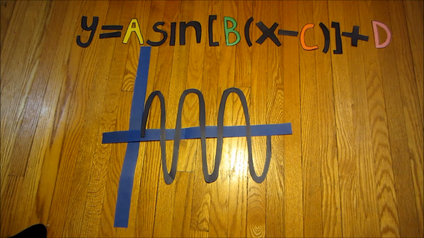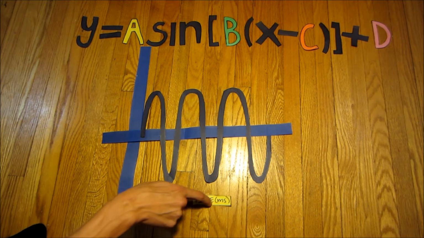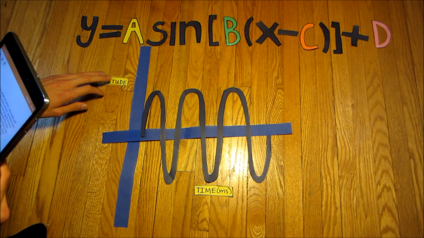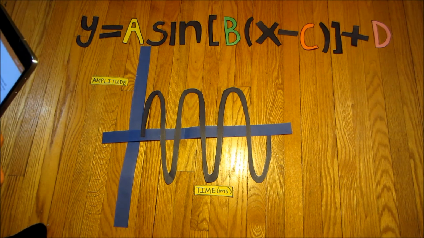To explain the note E2 in graphical terms, the x-axis will equal time, and the y-axis will equal volume and or amplitude. We know that the note E2 cycles 82.4 times a second, or at 82.4 hertz.